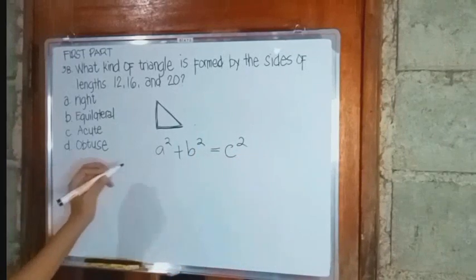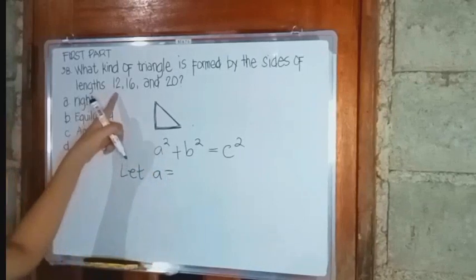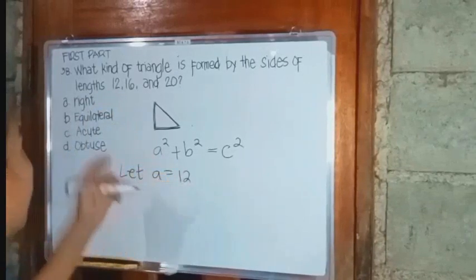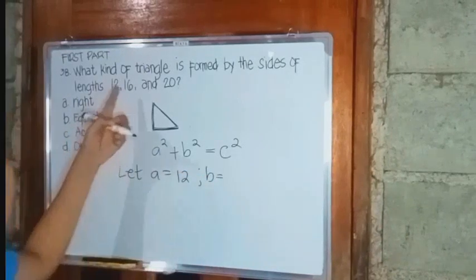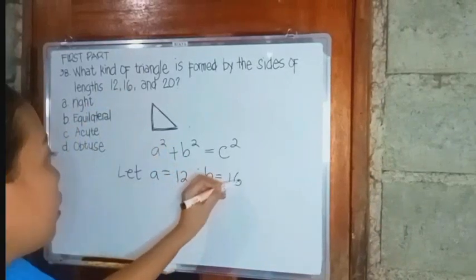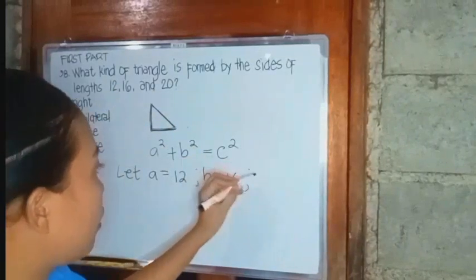So let A equal 12, let B equal 16, and let C equal 20.